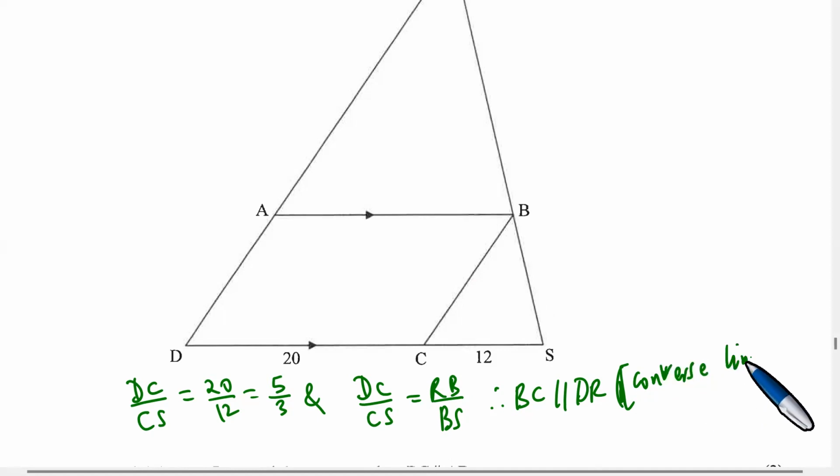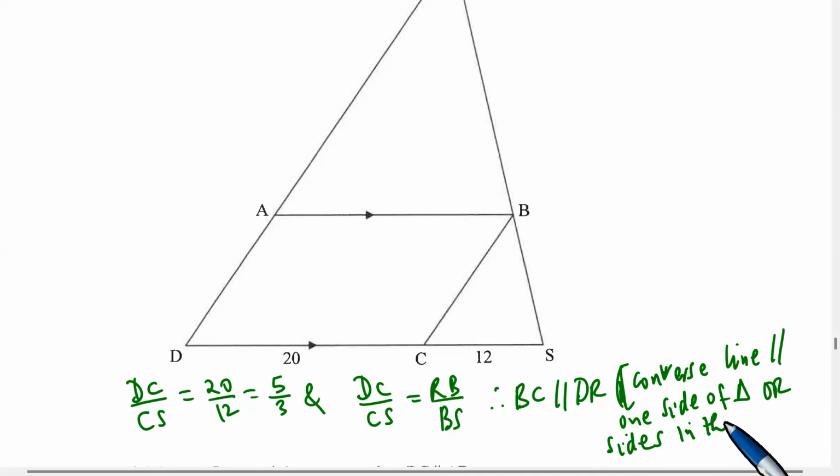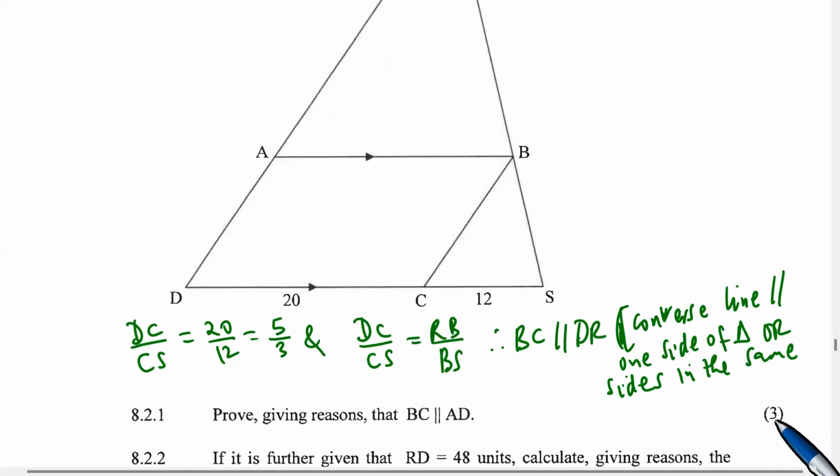The converse of the theorem that says a line parallel to one side of a triangle divides the other two sides in the same proportion.